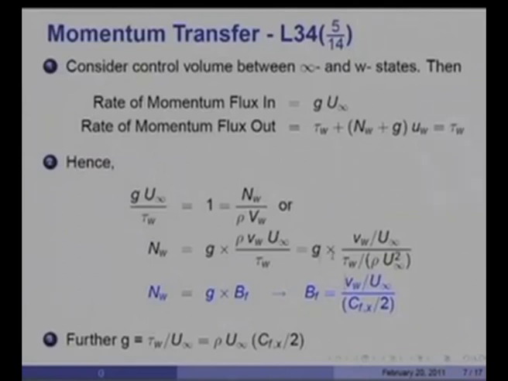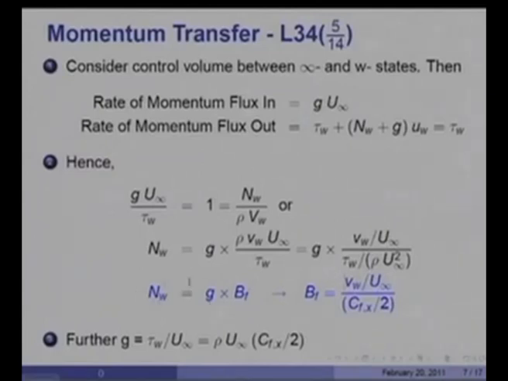That would be equal to G into V W divided by U infinity, tau wall over rho U infinity square. Essentially, I have divided and multiplied by U infinity. And what is this quantity? This is essentially V W by U infinity divided by C F x by 2, and therefore, N W is simply G times B F.